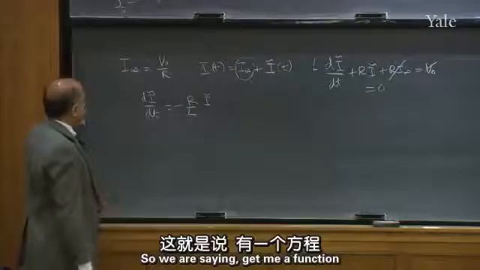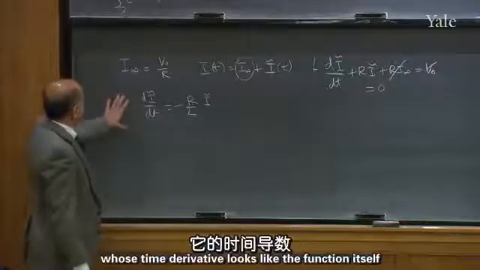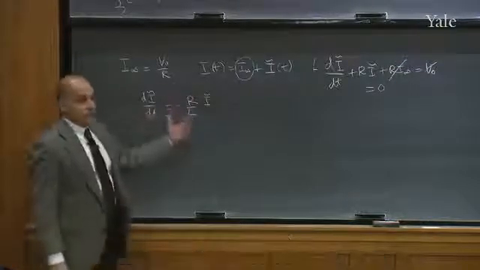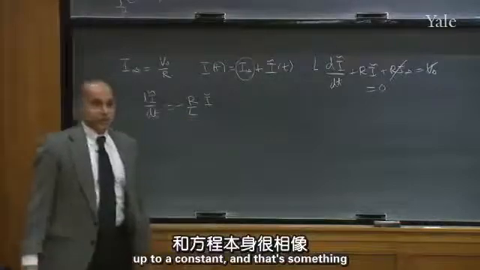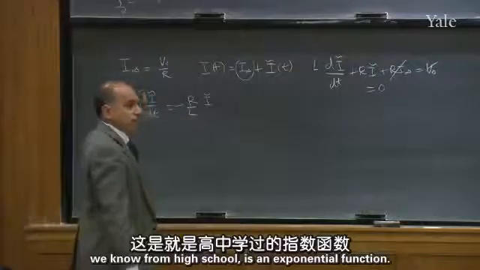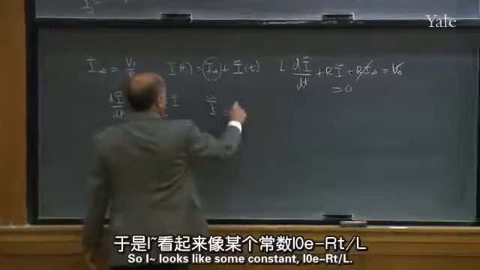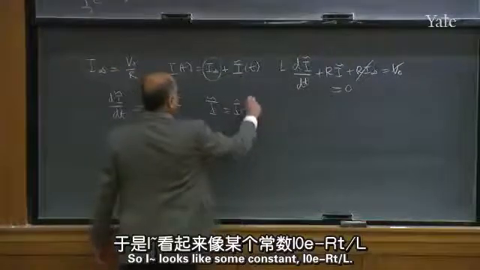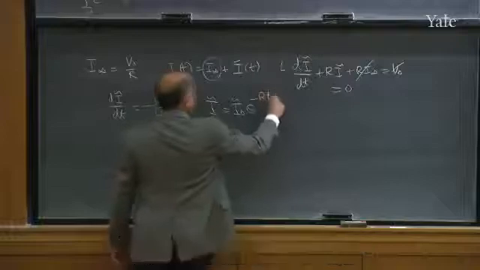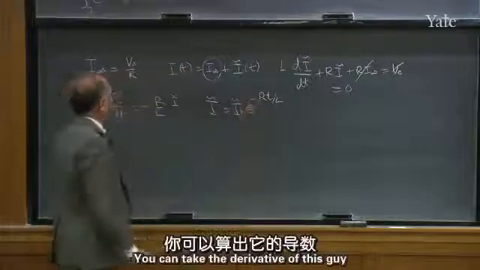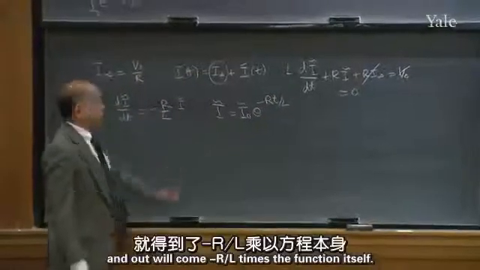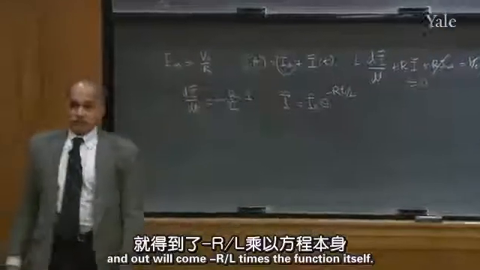So we are saying, get me a function whose time derivative looks like the function itself up to a constant. And that's something we know from high school. It's the exponential function. So I twiddle looks like some constant, I twiddle 0, times e to the minus Rt over L. You can take the derivative of this guy, and out will come minus R over L times the function itself.